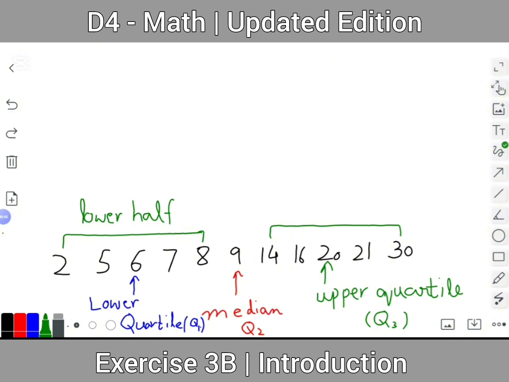So here we have the upper half of the data values.